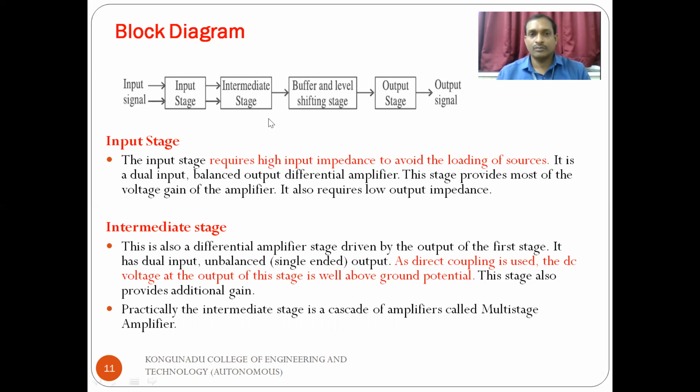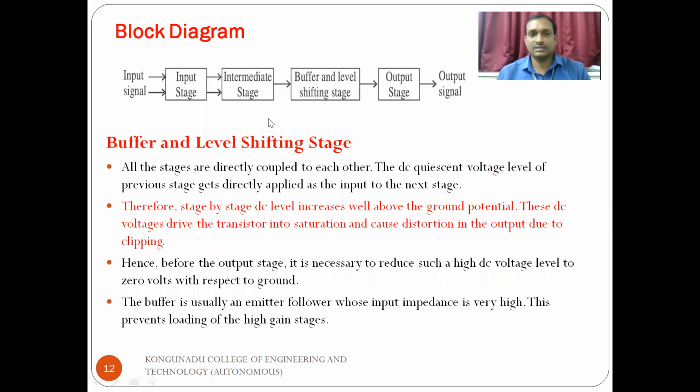Next, the buffer and level shifting stage. All the stages are directly coupled to each other. The input stage is directly coupled to the intermediate stage, which is directly coupled to the buffer and level shifting stage, meaning the DC quiescent level of the previous stage gets applied to the input of the next stage.